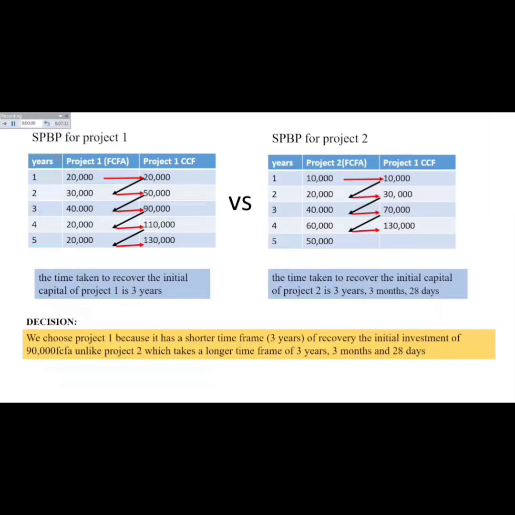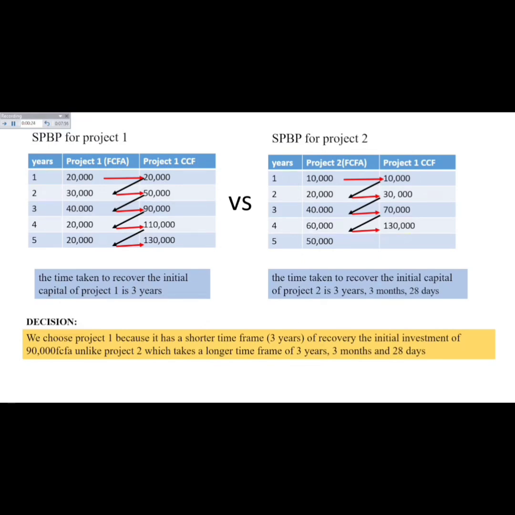So now let's head on to see which project we are going to choose. We are comparing Project 1 with Project 2 using the simple payback period. If we invest in Project 1, we are going to realize our cost of capital after 3 years. If we invest in Project 2, we are going to realize it after 3 years, 3 months and 28 days.